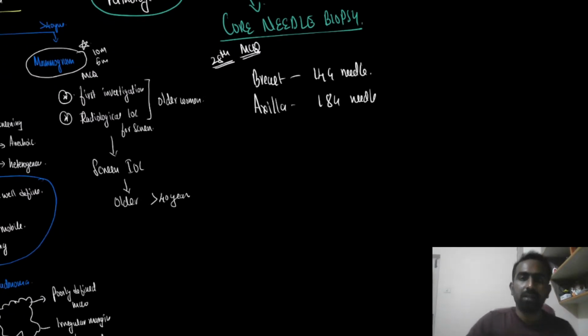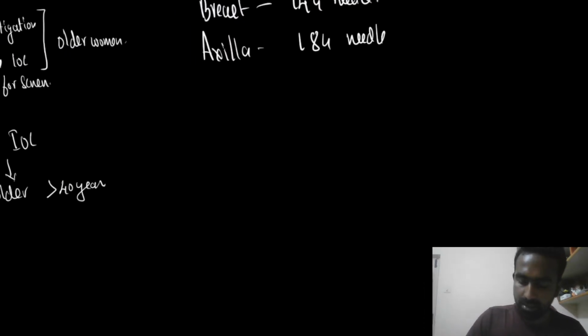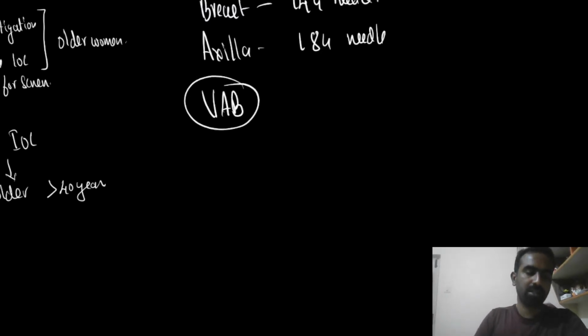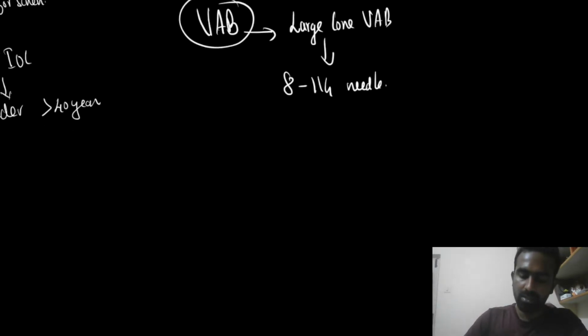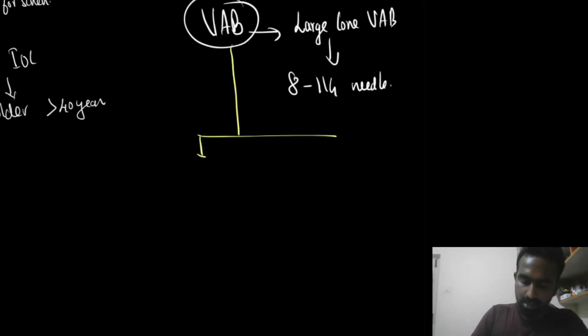Okay. Another method of biopsy that is recently used is vacuum assisted biopsy. Vacuum assisted breast biopsy is also called large core vacuum assisted biopsy. We use 8 to 11 gauge needles. This has extensive utilization as diagnostic and also therapeutic.